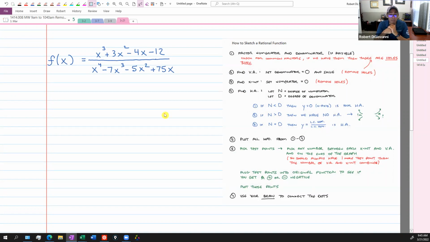Yikes, right? Step one, factor everything. Well, the factoring up to this point has been straightforward, hasn't it? GCF, difference of squares.